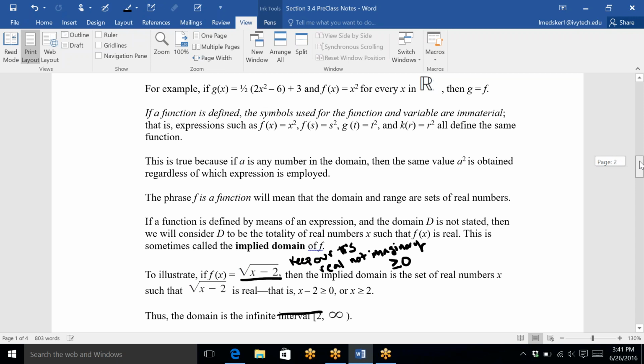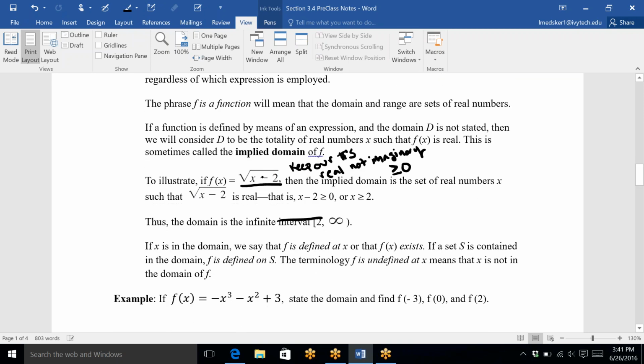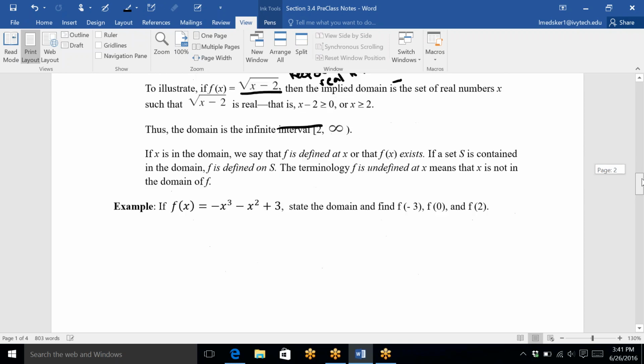Also, if you have x's in your denominator, you cannot have a value that makes it 0, because dividing by 0 would make the function undefined. So anything that causes imaginary numbers or dividing by 0 is not part of our domain.